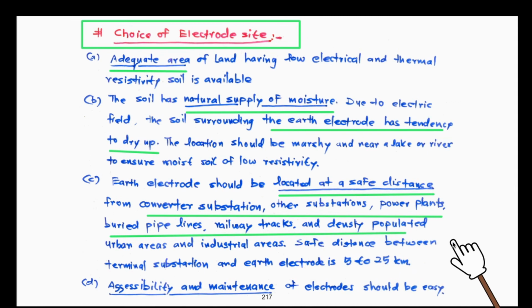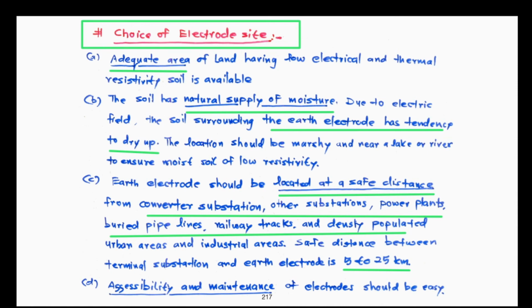The electrode should be away from these, because wherever there is a population or some construction, it is always made up of some iron or metal structure, steel structure. It will get corroded and it will be dangerous for such structures to be within that distance, right? So there are standards, maybe 5 to 25 kilometers is mentioned. Earlier also, 5 to 10 kilometers is practiced nowadays.